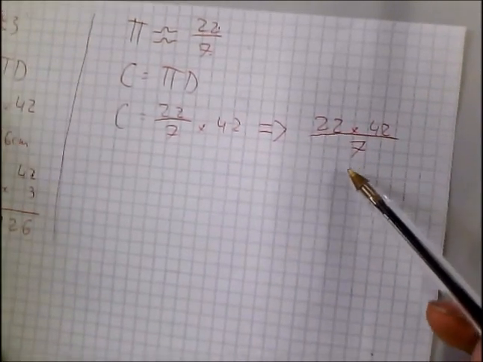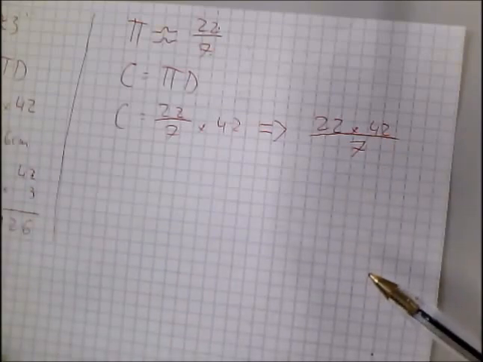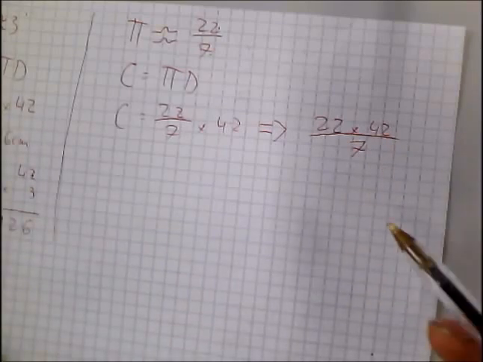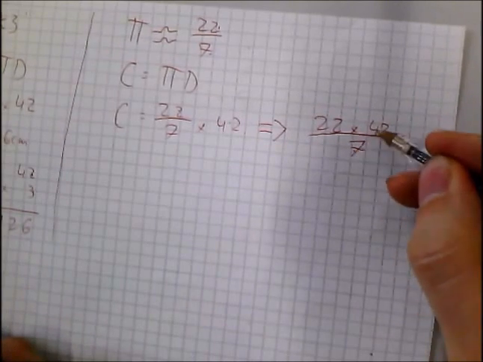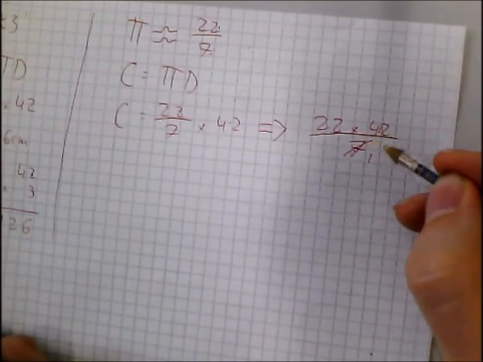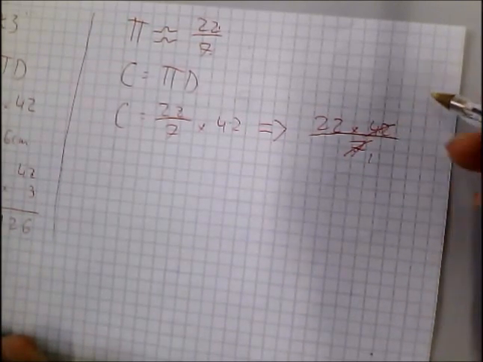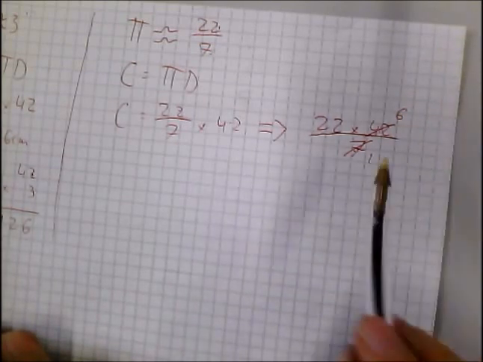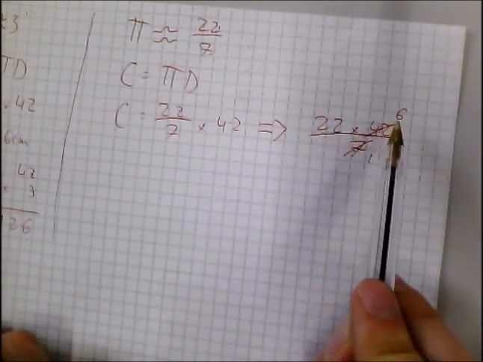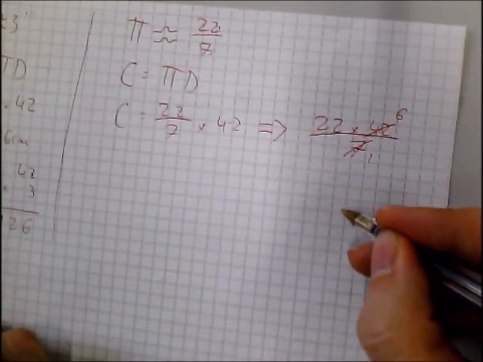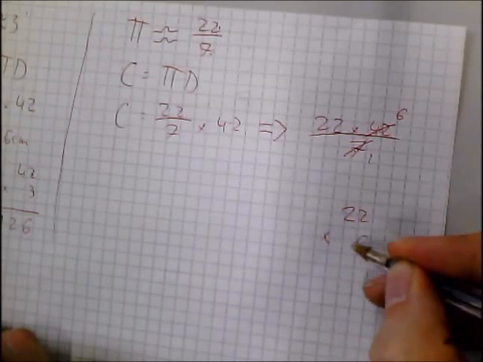I'm going to look for common factors here. I know that 42 and 7 have a common factor, so I can divide these two numbers by 7. That becomes 1, and 42 divided by 7 is 6.